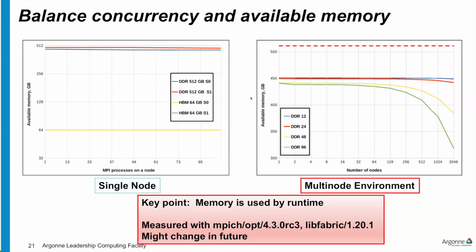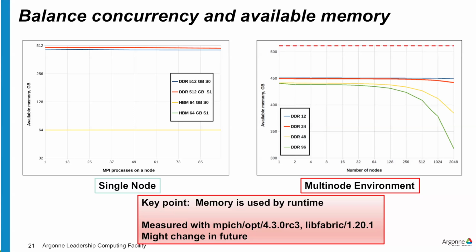So one of them was asking... This slide is designed to show you that the amount of available memory will depend on the size of the partition that you've been using. By default, each node has 512 gigabytes of DDR on each socket and 64 gigabytes of high bandwidth memory on each socket. If you run a single node MPI process, you may expect to get almost close to the peak availability of the memory, like here on the left slide for a single node.